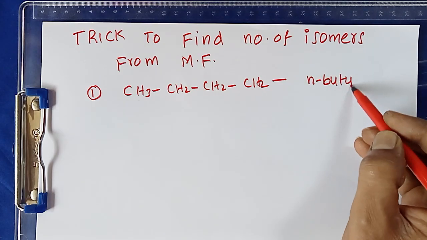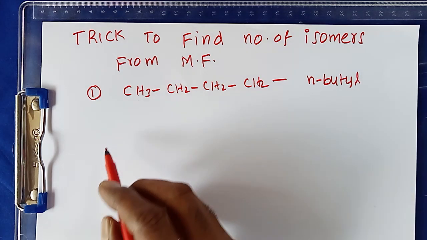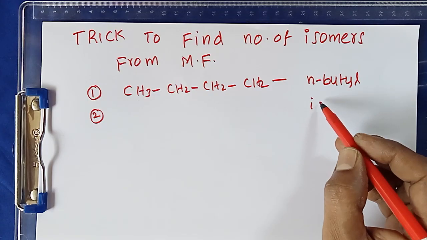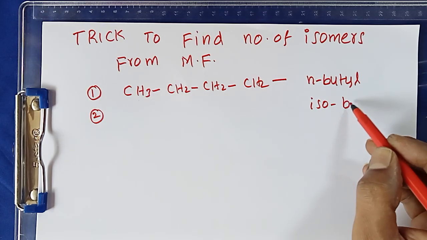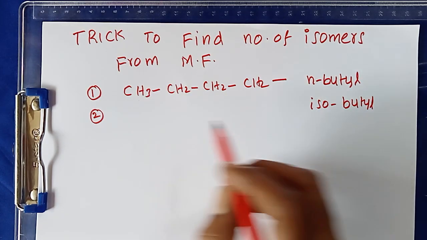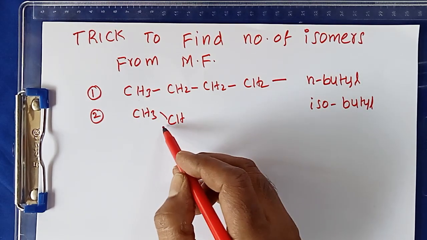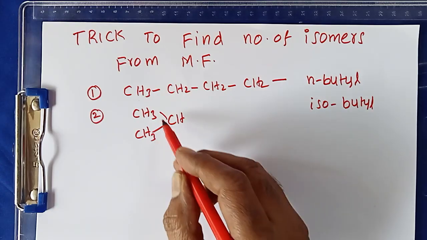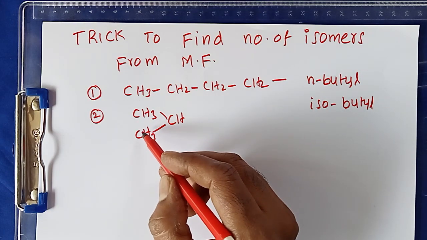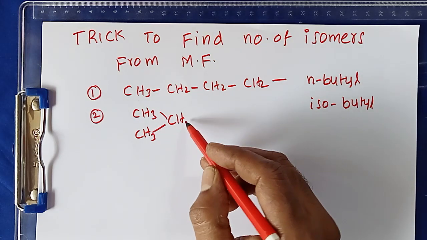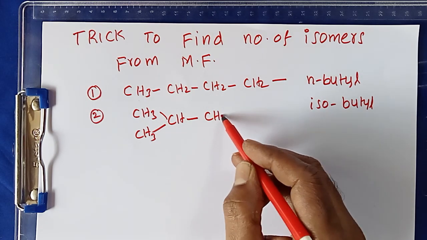One is n-butyl. Second one is isobutyl. What is the isobutyl structure? You must and should remember. Iso means same, methyl groups attached to 1 carbon, and butyl means 4 carbon.